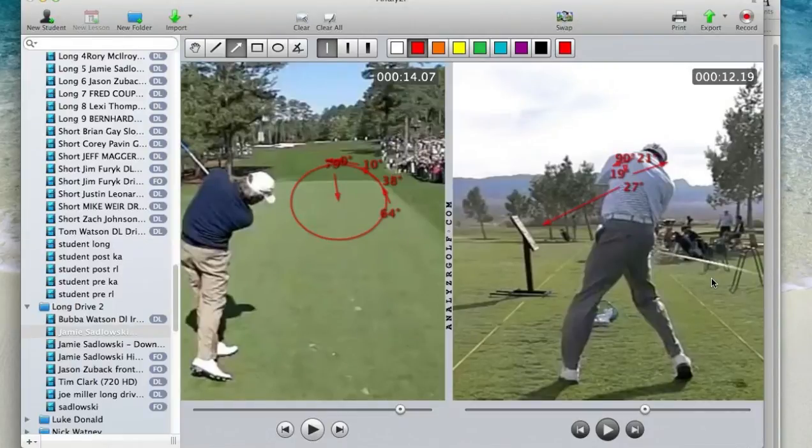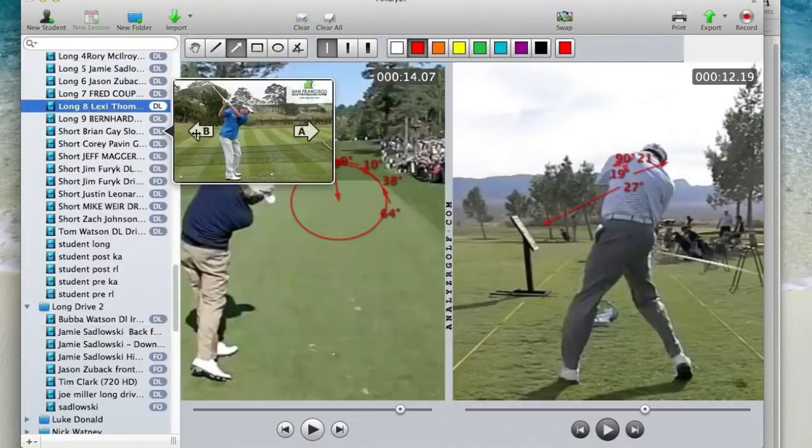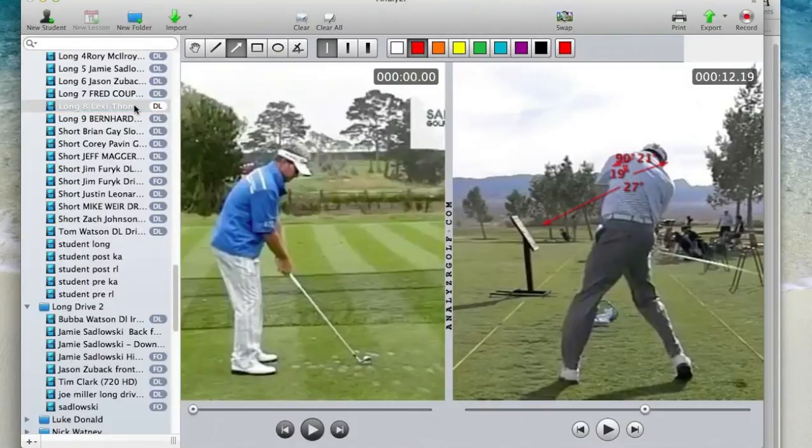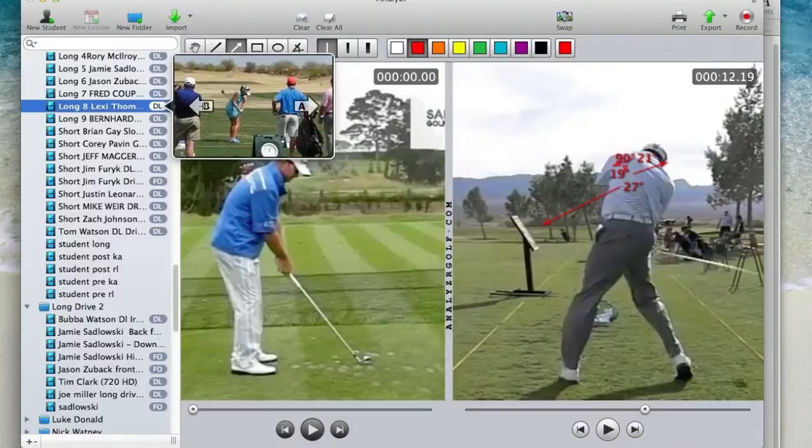So she's sequencing her body probably pretty close to what Fred Couples is doing, but she's doing it in different kind of cardinal directions. So if I bring Lexi back up, we can explore her since that's where the questions are going right now. That's Brian Gay. There's Lexi Thompson.